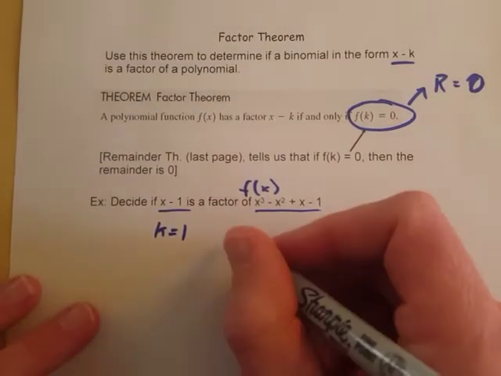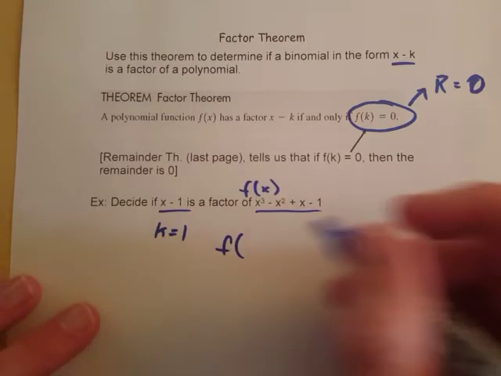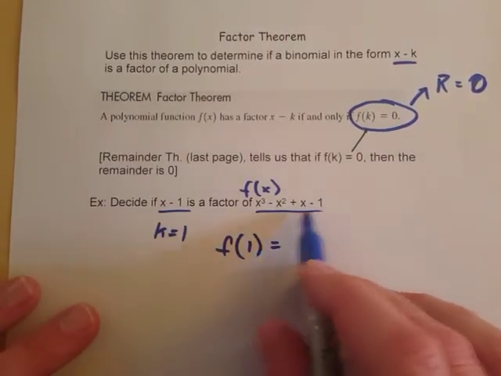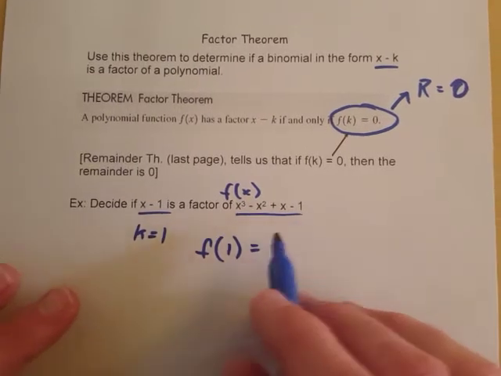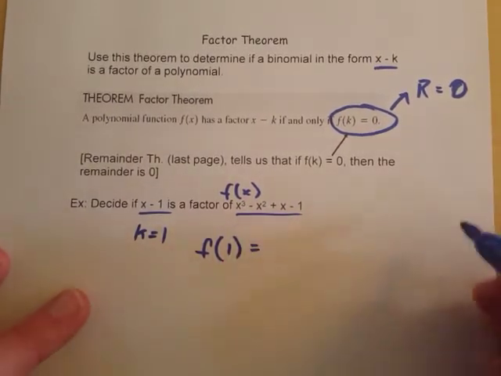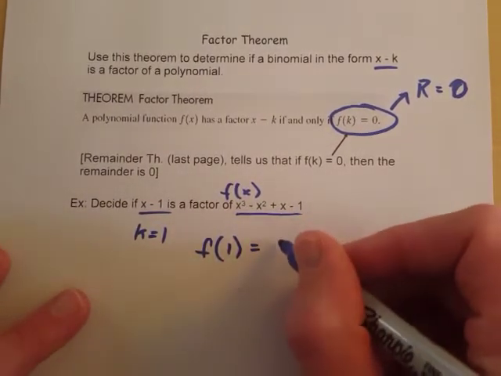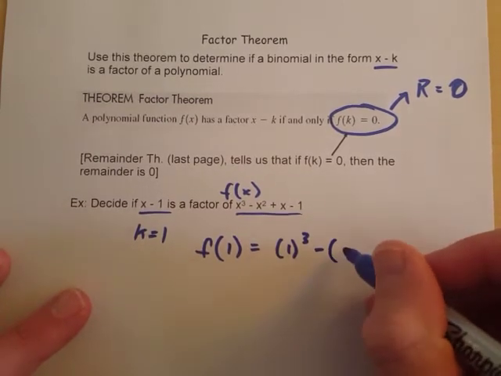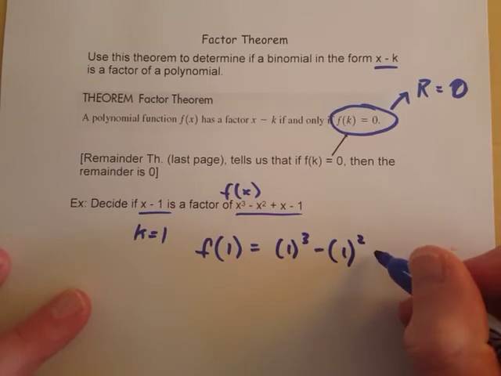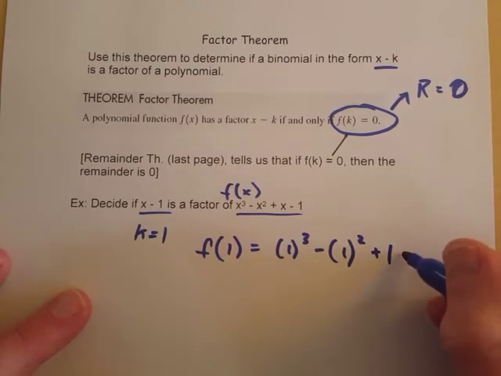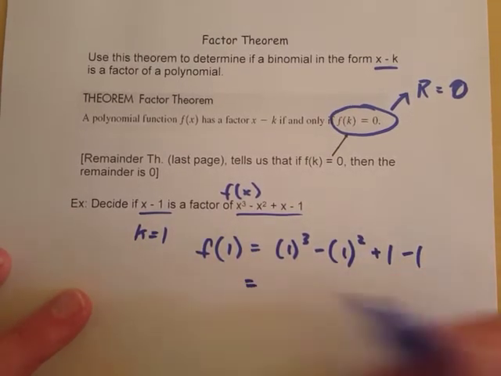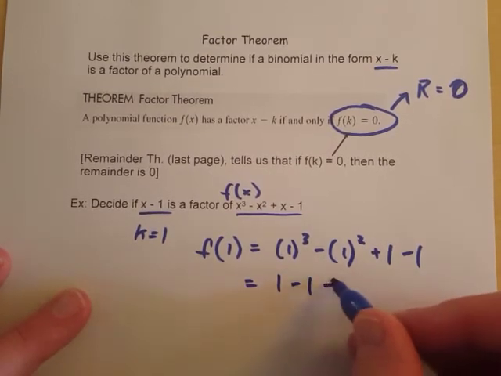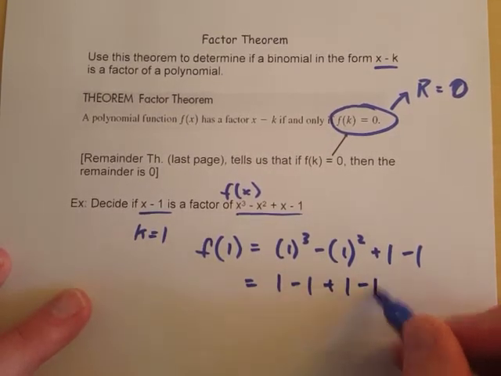So if we're going to do this, we'd then take f of k. So k is 1 here, and so we're going to plug 1 into this equation and see if the remainder comes out as 0, or see if it gets 0 on the other side. So we'll have 1 to the third minus 1 squared plus 1 minus 1, lots of 1's, but this ends up being 1 minus 1 plus 1 minus 1.